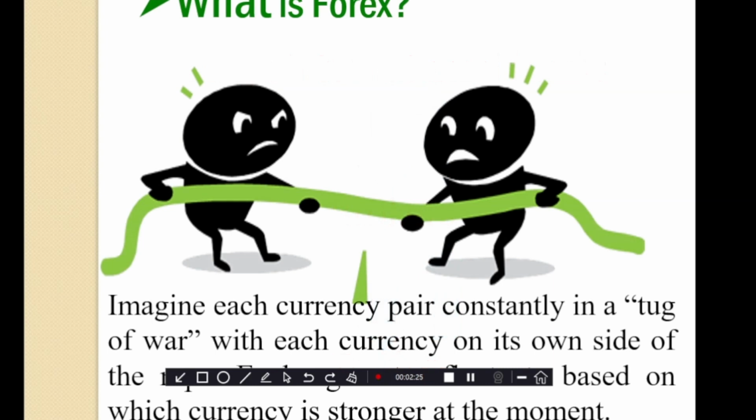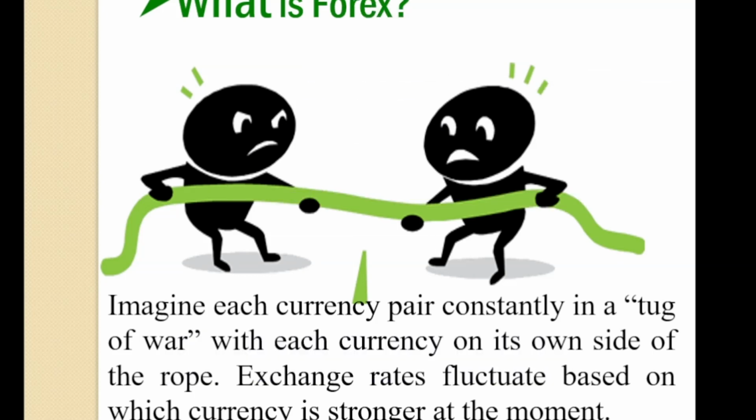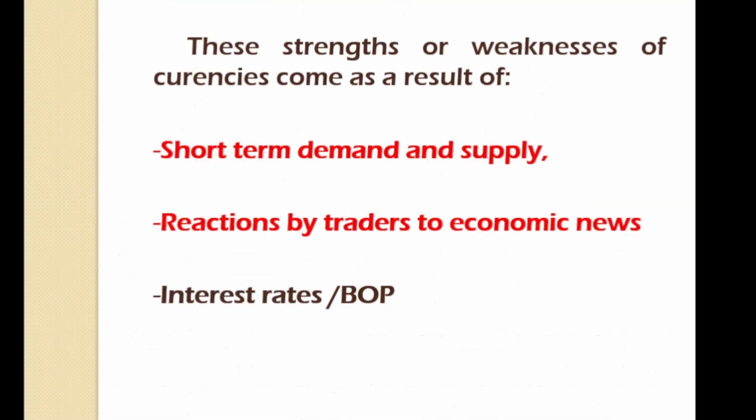We can consider a Forex currency pair as two entities that are always in a tug of war. In this case of a currency pair, each currency on its own side pulls the other currency. And when they do that, the exchange rate fluctuates based on which currency is stronger.